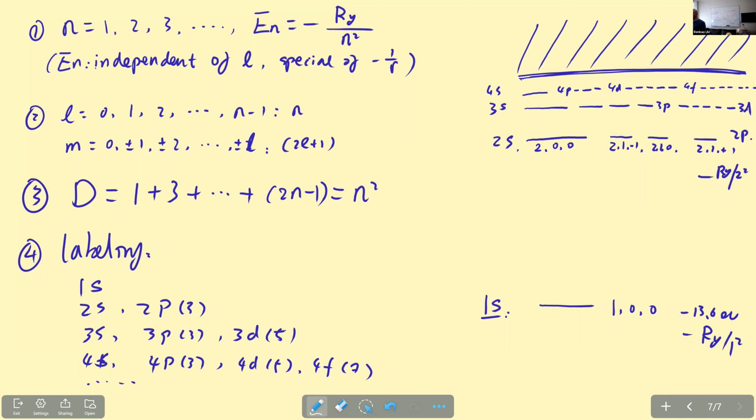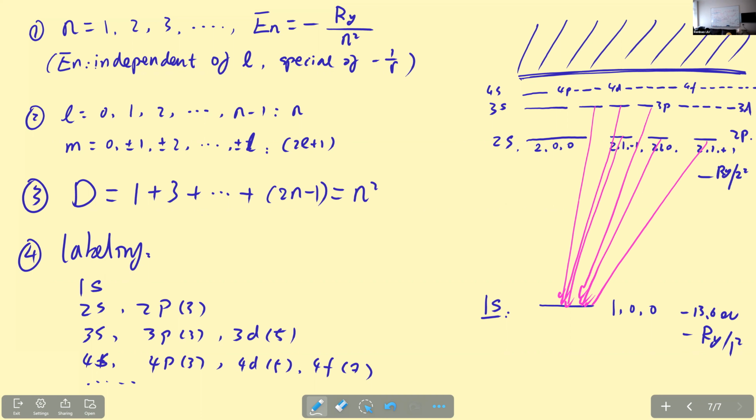And now you can also consider the emission, right? So if you look at the emission, you know that this one can go to this. So these are the emissions or the absorptions from states to other states, and this one is called the Lyman series.